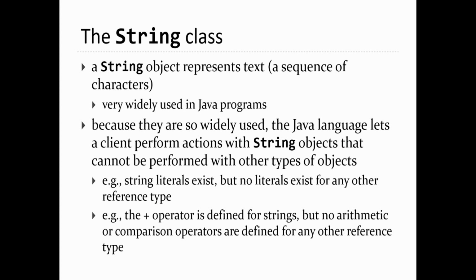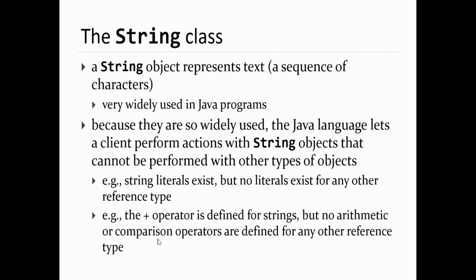No literals exist for any other reference type in Java. There is no other reference type where you can write down what's called a literal of the type and use that in your program. It doesn't work. That means you can't make lists with square brackets, you can't make dictionaries with squiggly brackets, et cetera. None of that stuff works in Java.